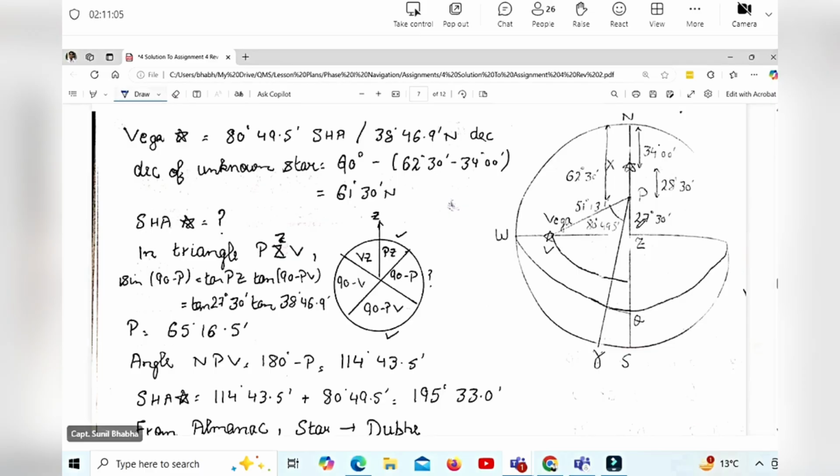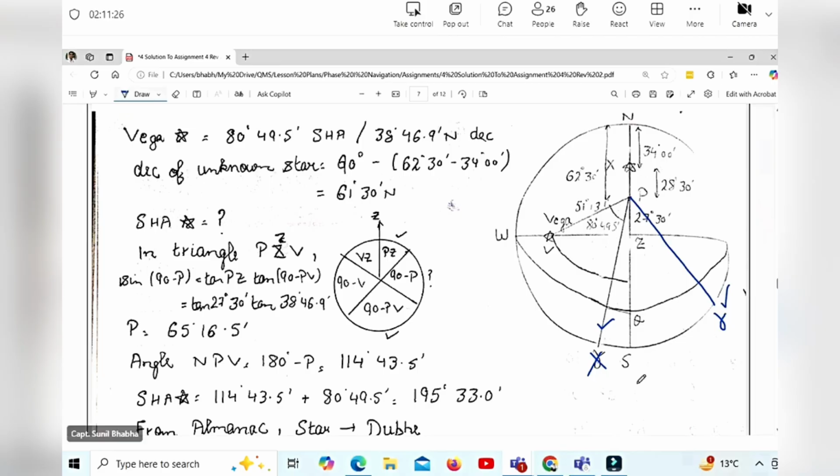So this 80 degrees, whatever value we receive, as per the diagram it will come on the other side. This is drawn wrongly here, it will come here. Correct, sir. Absolutely right, beta. You are right, because LHA was measured from the pole toward the western direction. So it will become 65 degrees, and the angle will be 65 plus the addition of 15 degrees.